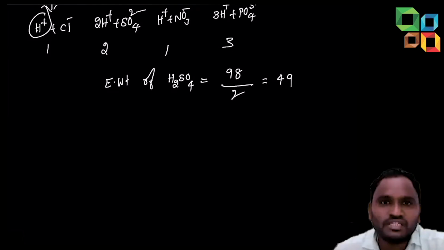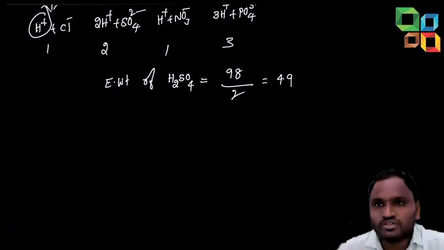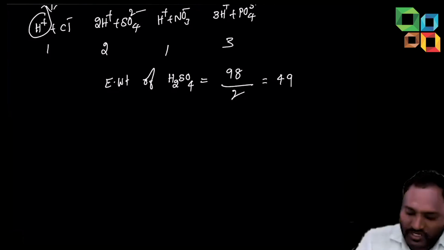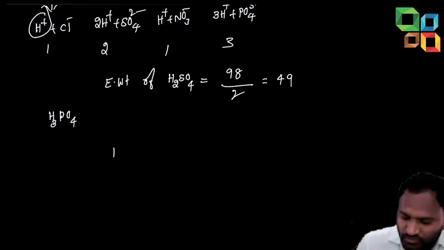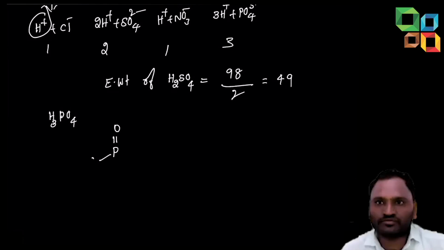Dhanush told one simple point that also can be done. In case of phosphoric acids, you can do number of oxygens minus 1. Otherwise, I will tell the exact reason. H3PO4 structure is like this. First preference will be given to double bond O. One double bond O will go.